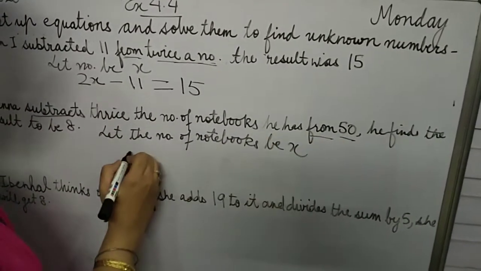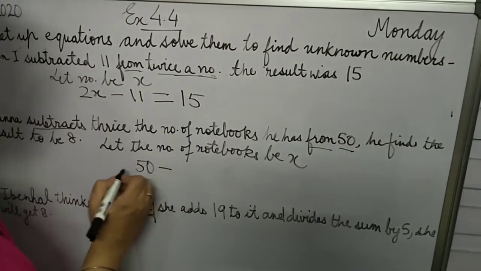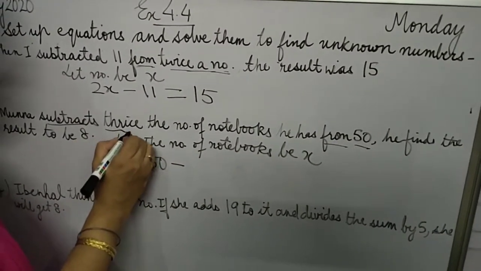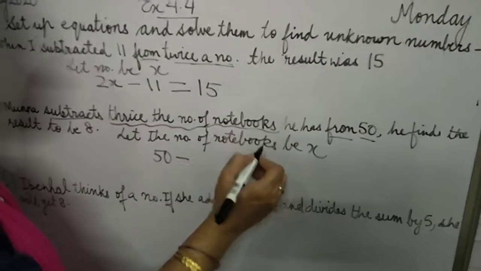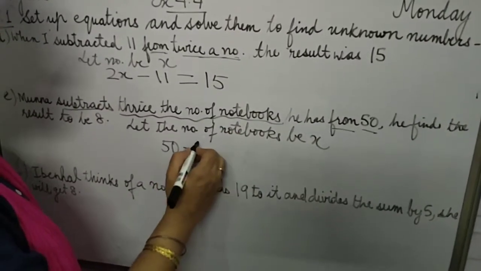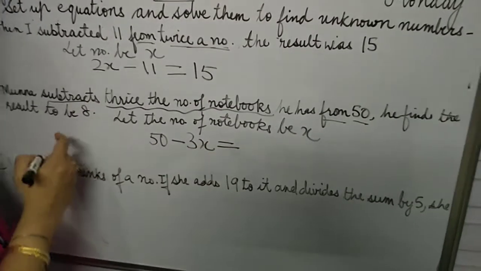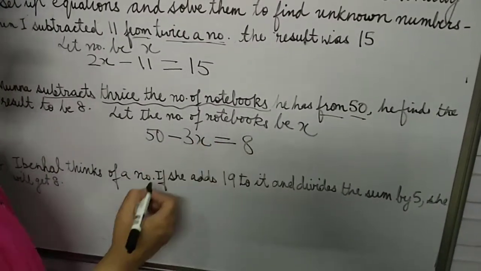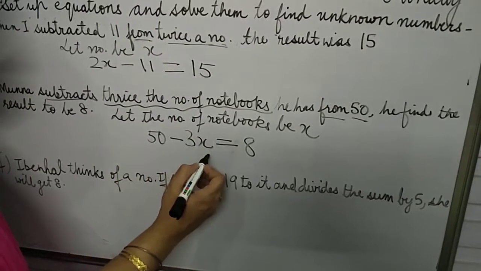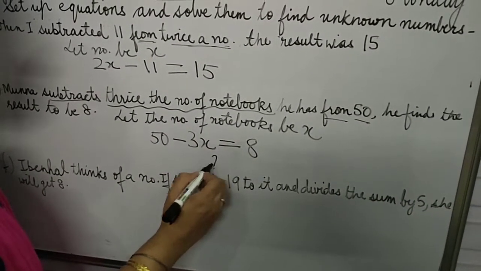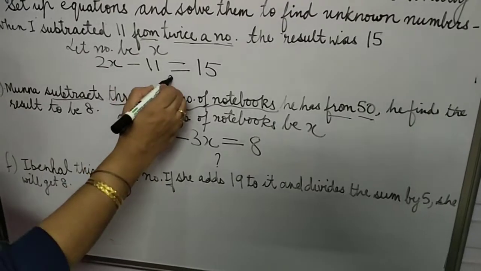So our equation is 50 minus what is to be subtracted? Thrice the number of notebooks. Number of notebooks is x. So thrice means 3x. He finds the result to be 8. So that means the equation is 50 minus 3x is equal to 8. Now you are to solve it.